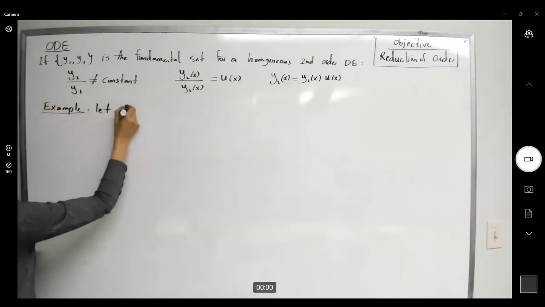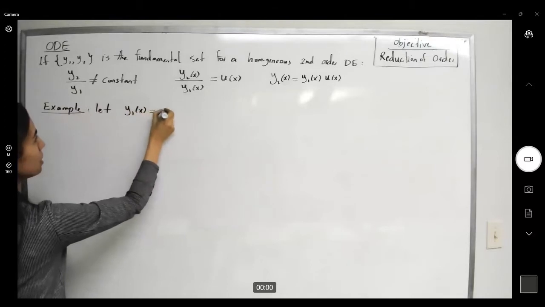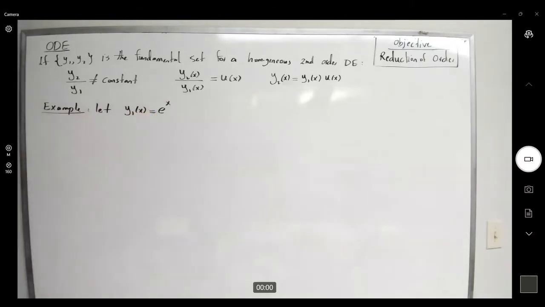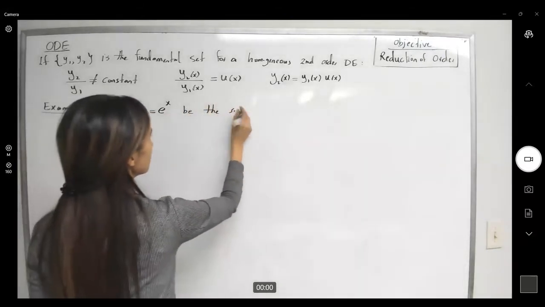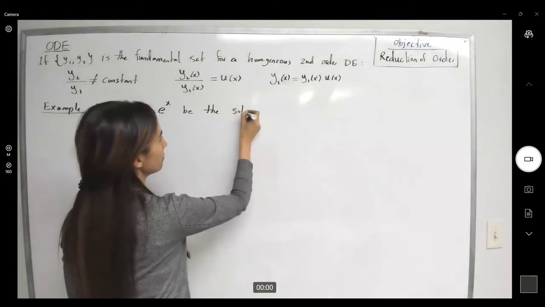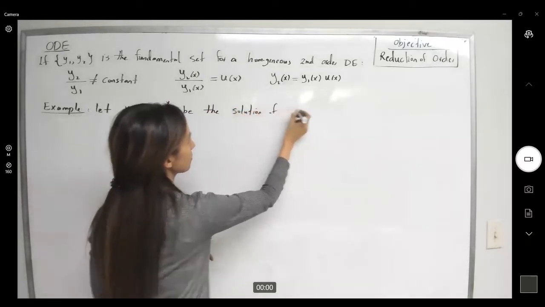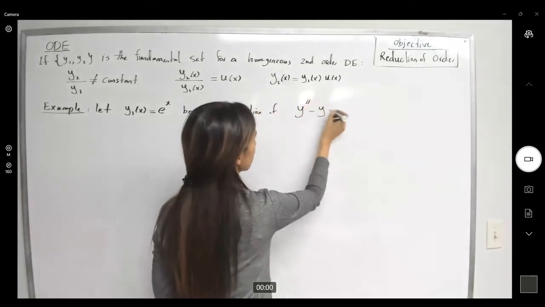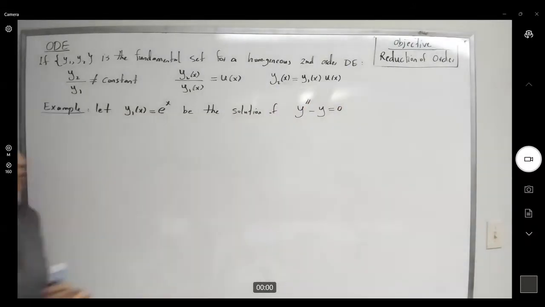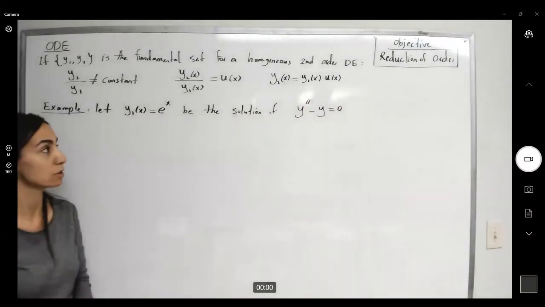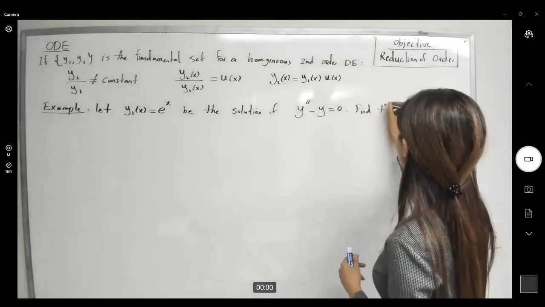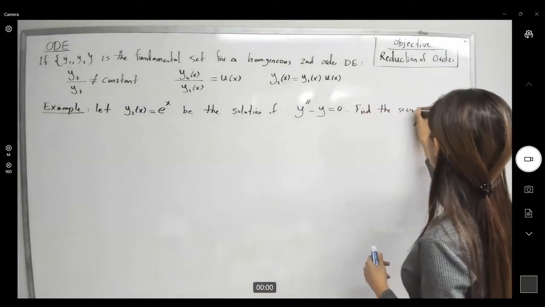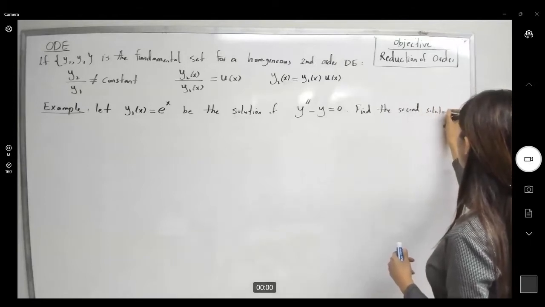Let y1 equal e to the x be the solution of the second order differential equation, the second derivative of y minus y equals 0. The question says, find the second solution. Okay.